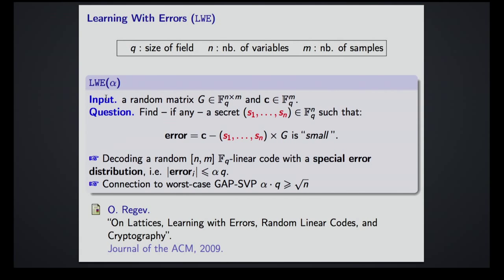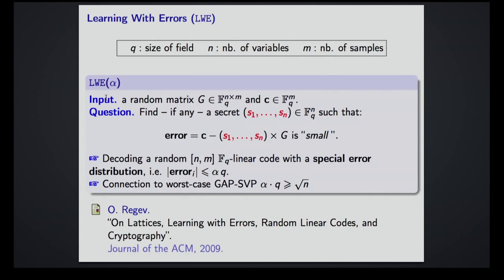This is the definition that we saw. Just to fix the notation, n is going to be the dimension of my matrix, and m the length. I'm going to consider the problem of actually recovering this secret.